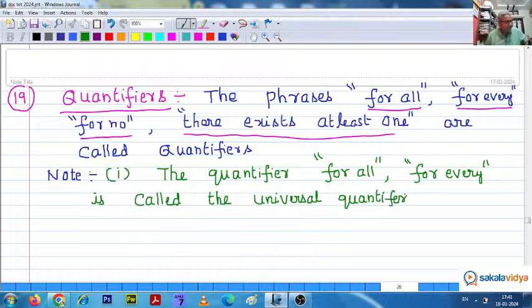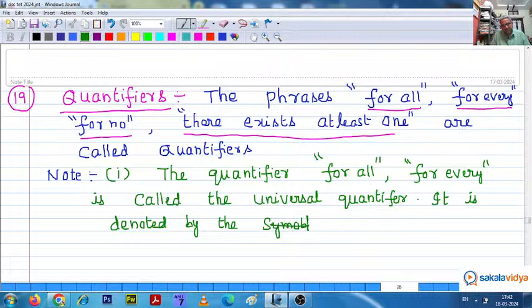And it is denoted by a symbol. The symbol is very important. This symbol means for all or for every.